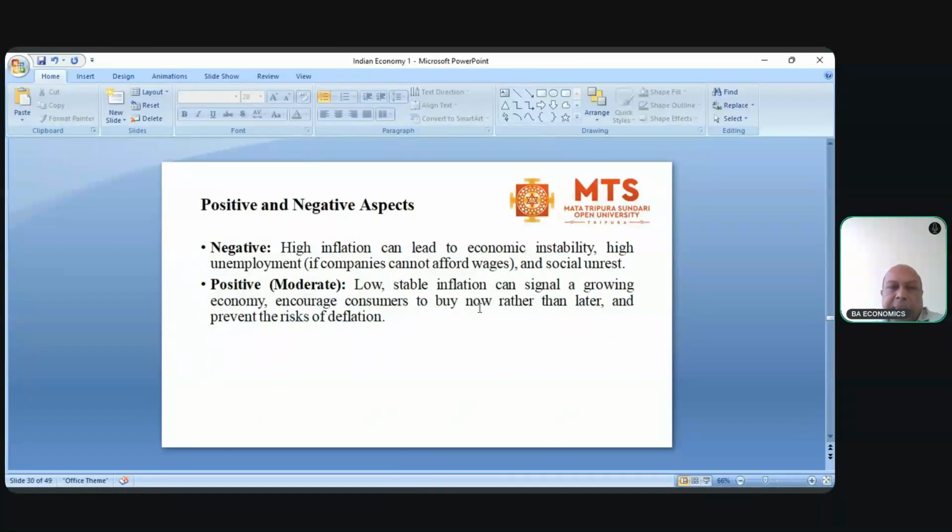Positive and negative effects of inflation. The negative effects I discussed previously. High inflation can lead to economic instability. It increases unemployment in the economy and also social unrest.